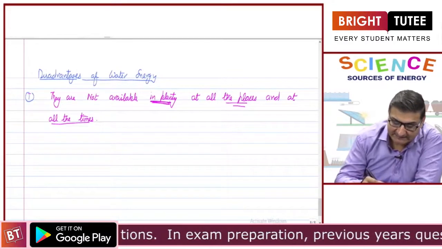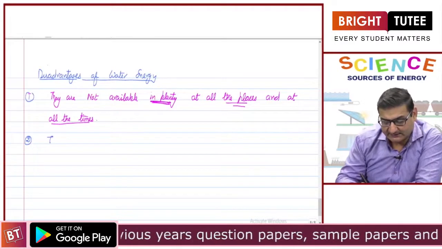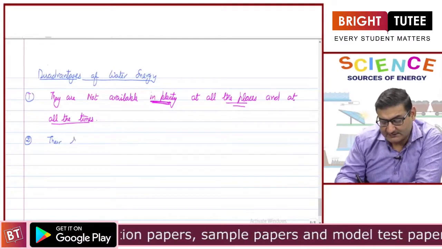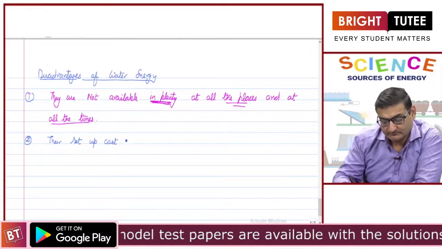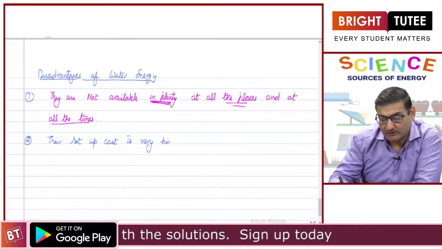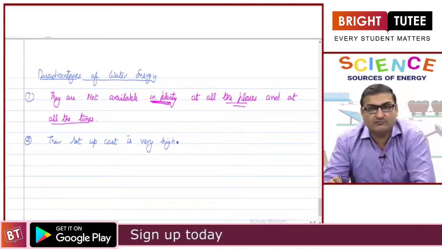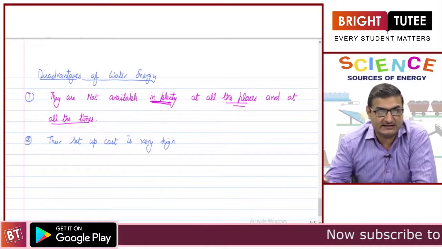The second disadvantage that can be is that their setup cost is very high. Now in the advantages we have talked about water being a source of energy is cheap, is free of cost. Nature provides us, doesn't charge us.